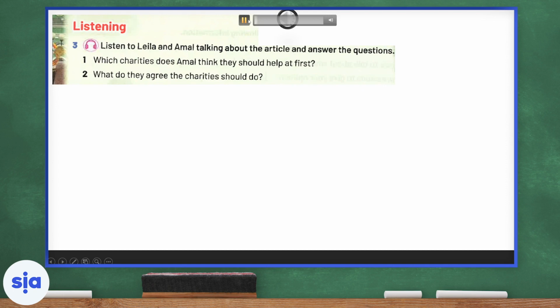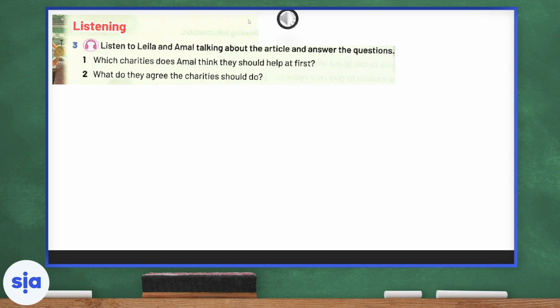I think that the charities should share the money between them and help lots of different people. I'm not sure, Amal. I think it would be better if one charity gets all the money and can do something big and important. Okay, but which charity then?